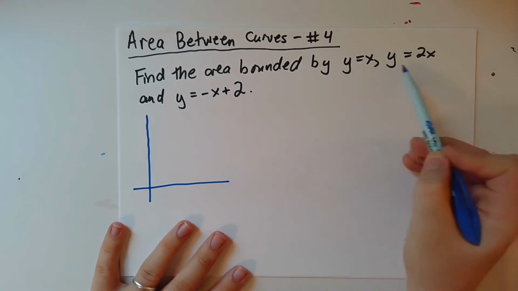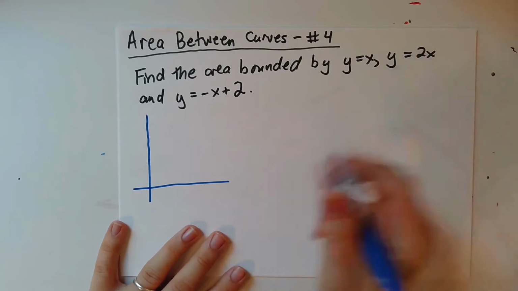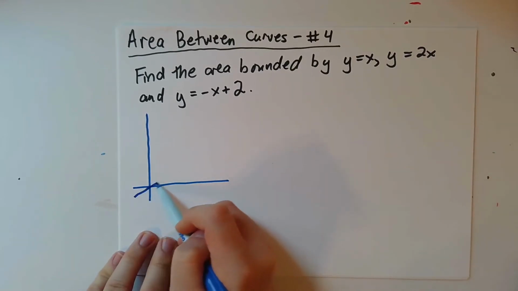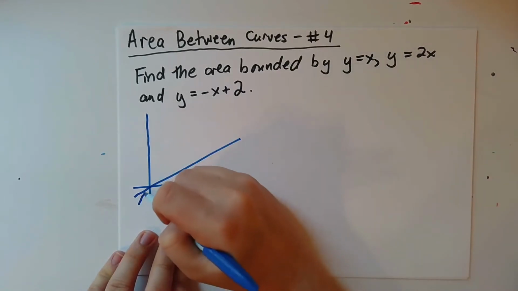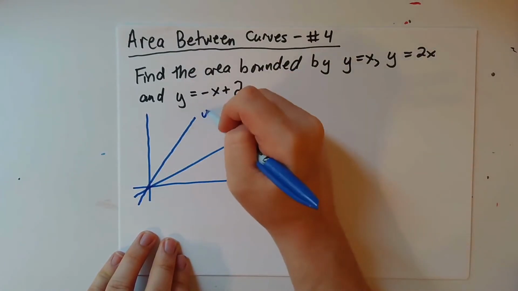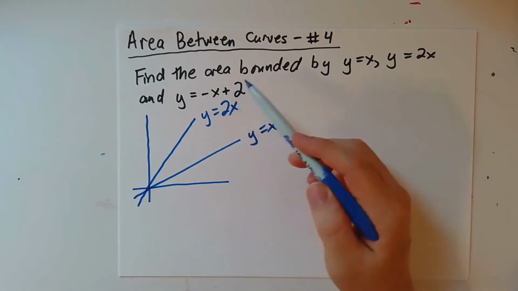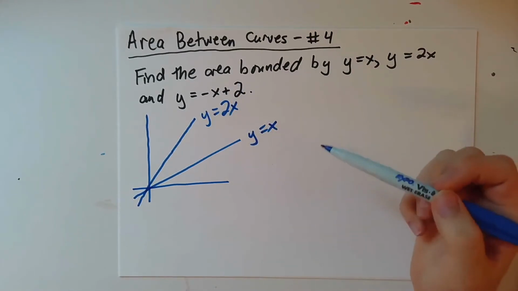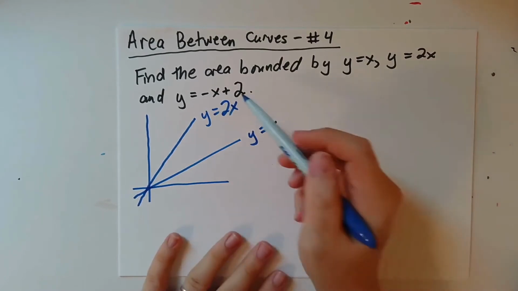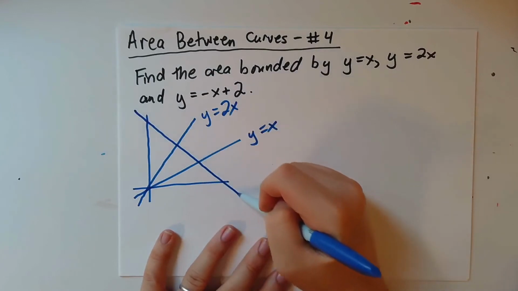So y equals x and y equals 2x are both lines of positive slope through the origin, with 2x having a steeper slope. So I'll draw this like that. And then y equals minus x plus 2 is a negatively sloped line with y-intercept at 2, so it's going to look something like that.